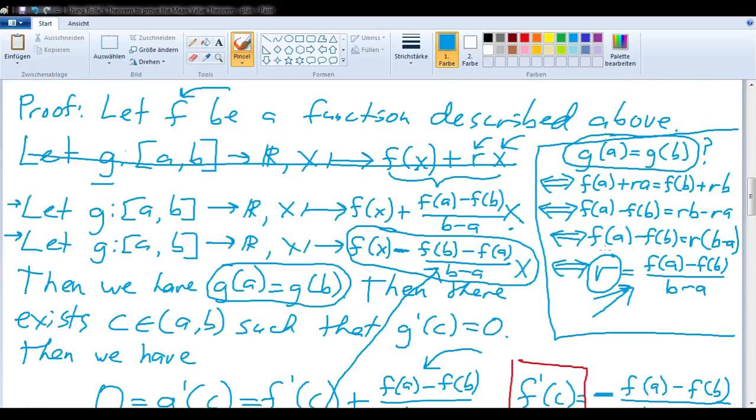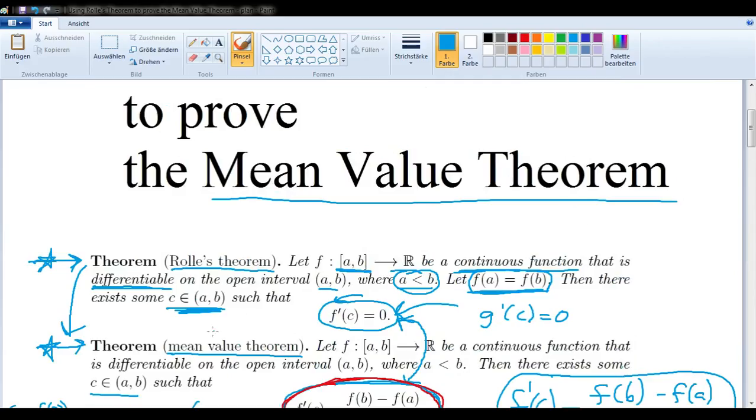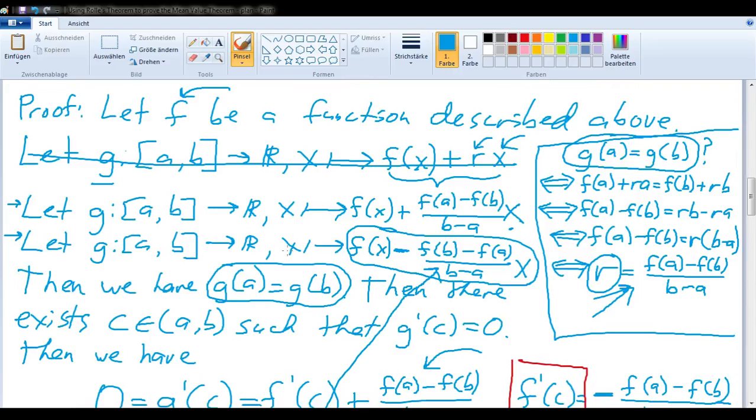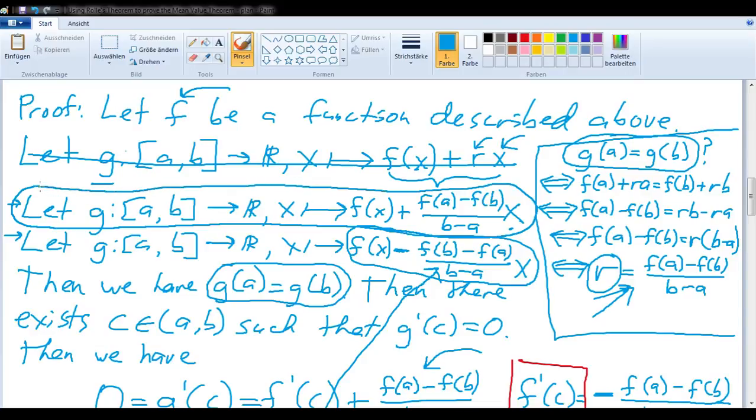So if I wanted to make a video, for example, showing how to come up with the idea to prove the mean value theorem through Rolle's theorem, then I would use this very first version because it's free of extra thinking, and I can come up with it just by manipulating these symbols.